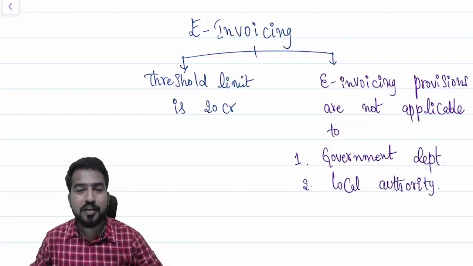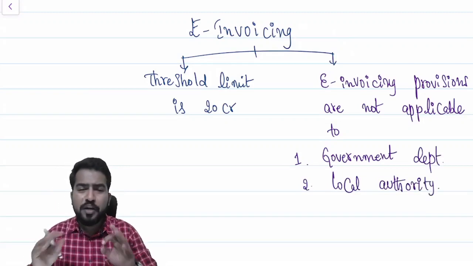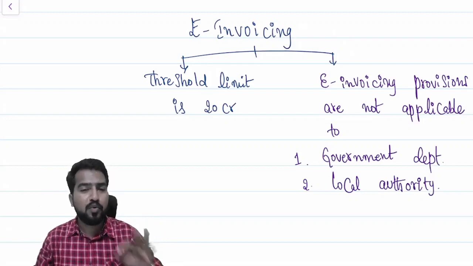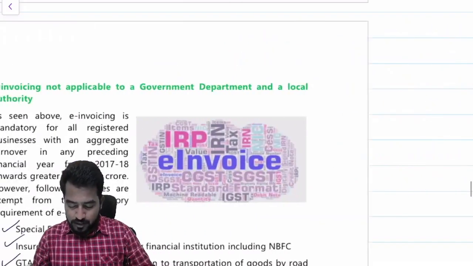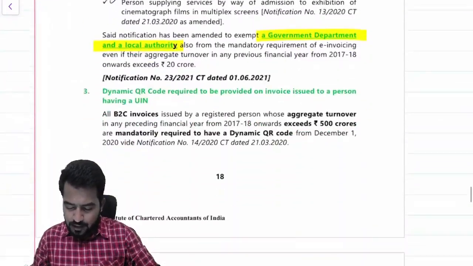That is what the amendment is. So only two amendments with respect to e-invoicing. Very simple amendments, but very, very important. Let us move on to the next amendment.